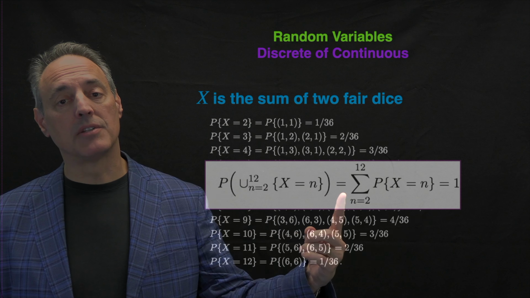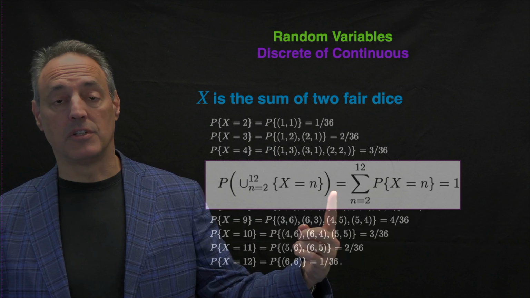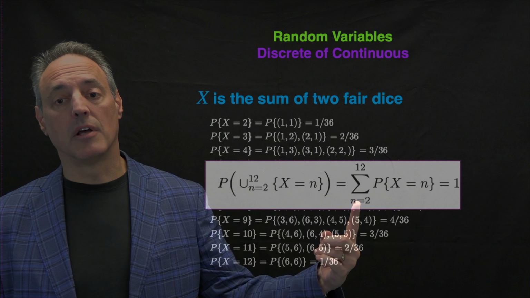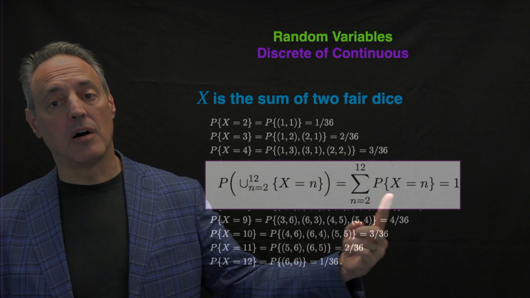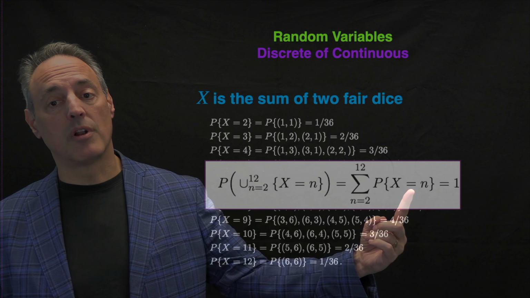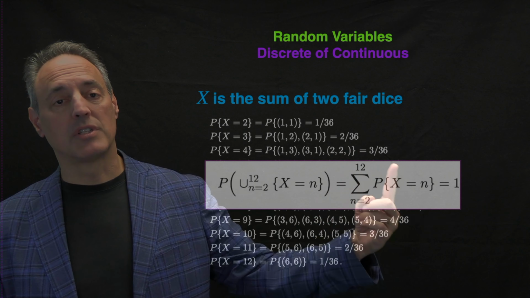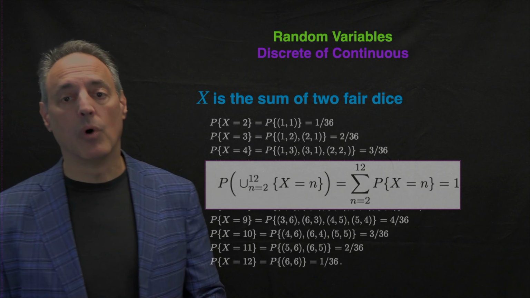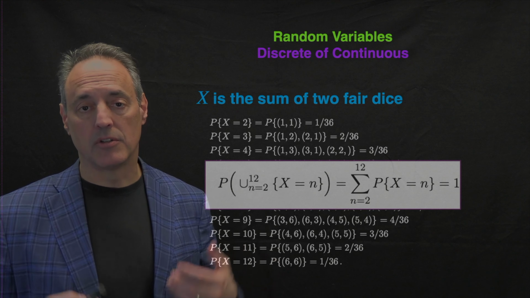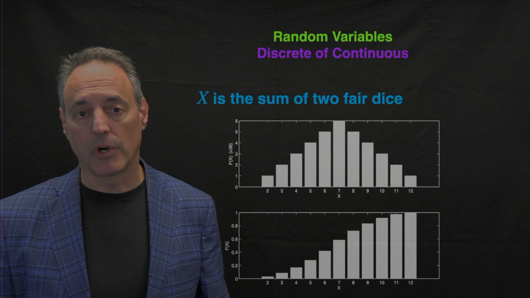Since these are independent events, that is essentially the sum from 2 to 12, the outcomes, of the probability of each one of those different events. And of course that's the entire sample space, and so this is a probability of 1. So x here is a discrete random variable that you might be working with.